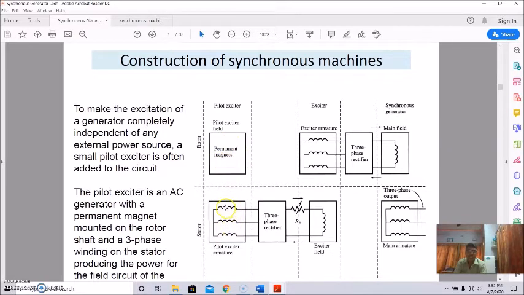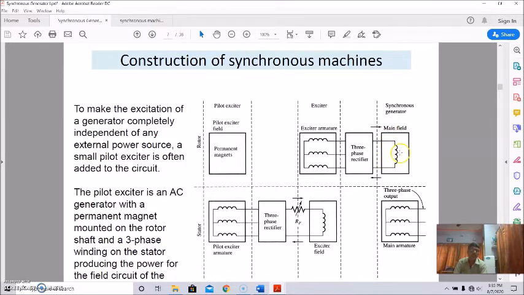The pilot exciter's output is rectified and then given to the exciter field. This entire thing is on the stator side, and then the exciter is also a generator whose output is again three-phase, rectified and given to the main field.